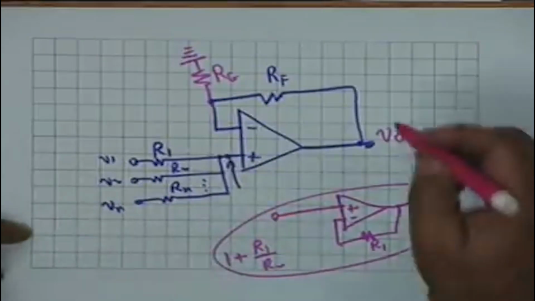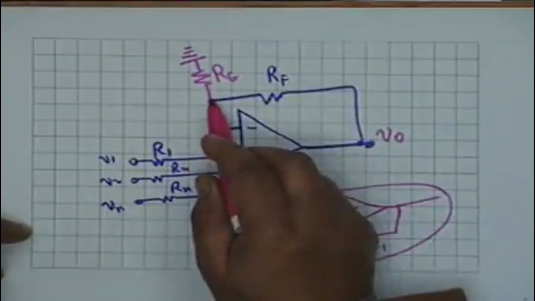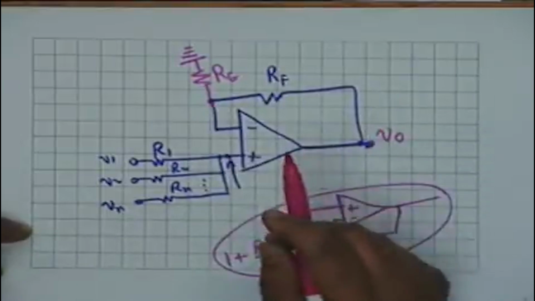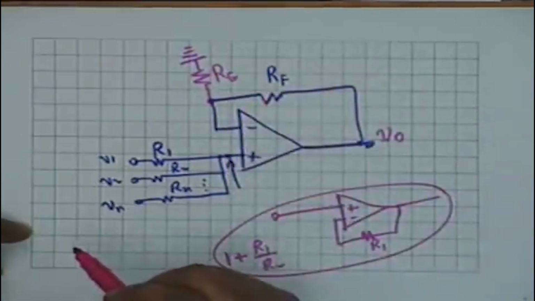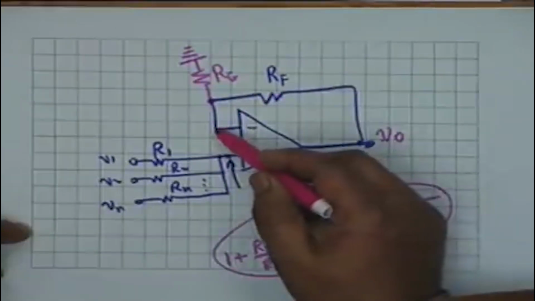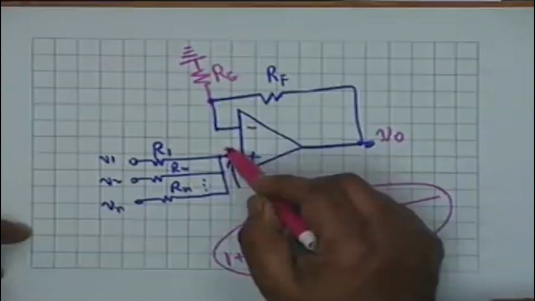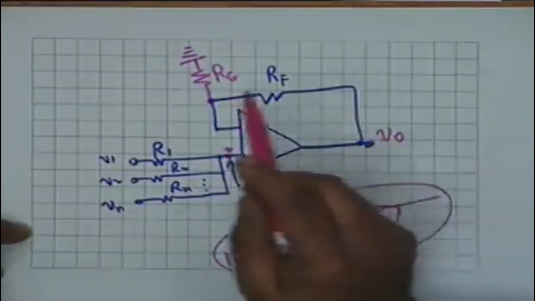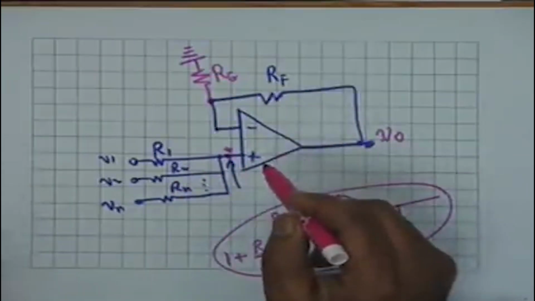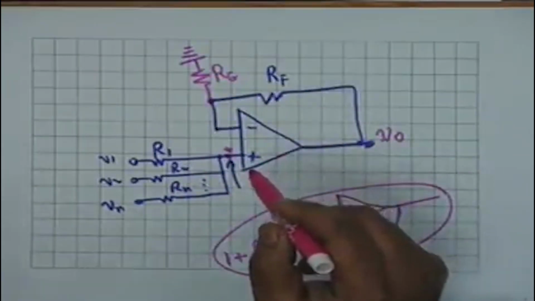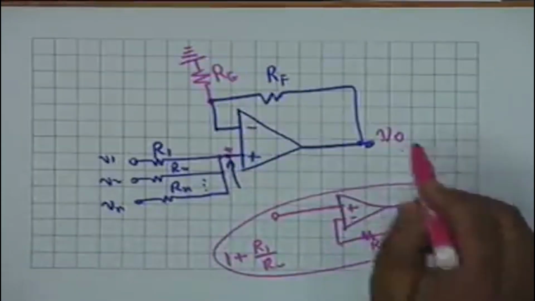And what is this voltage? It would be V0 Rg divided by Rg plus Rf, and because no voltage can exist between these two, this voltage shall be the same as V0 Rg divided by Rg plus Rf. So equating these two, you can find the voltage V0 in terms of V1, V2, Vn.